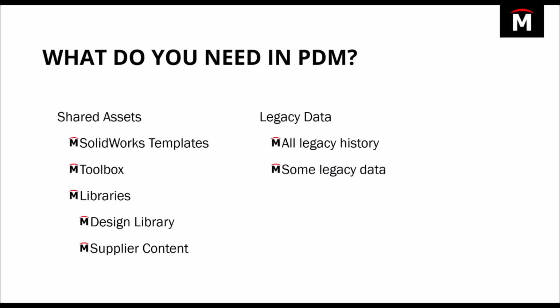Then I have other customers that want to use the opportunity to simply draw a line in the sand and start PDM with clean data. Legacy data may be locked and still stored in its old location, but only accessed when needed and maybe just brought over into PDM as and when it's needed.